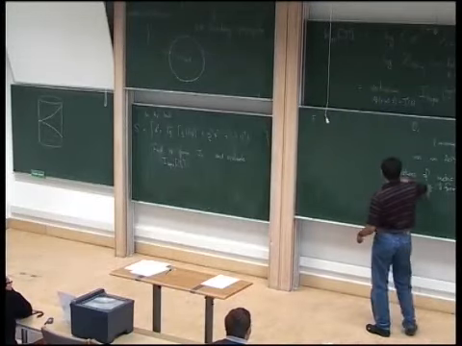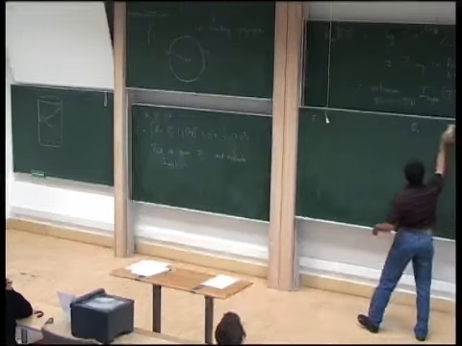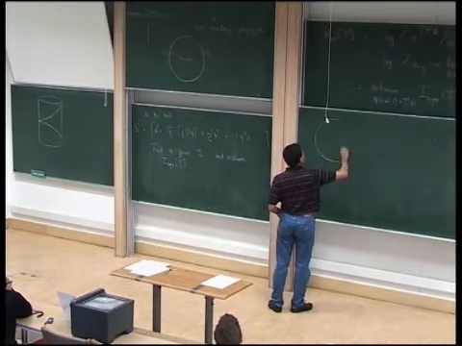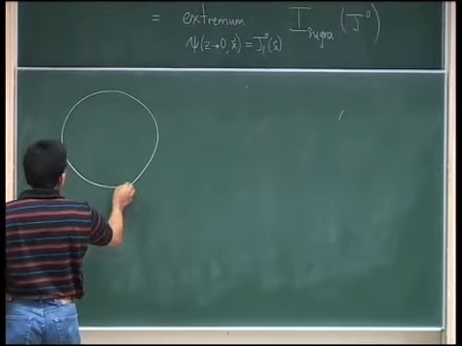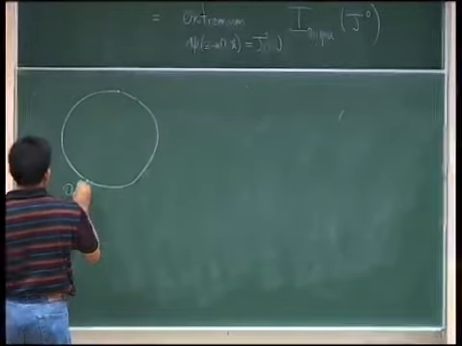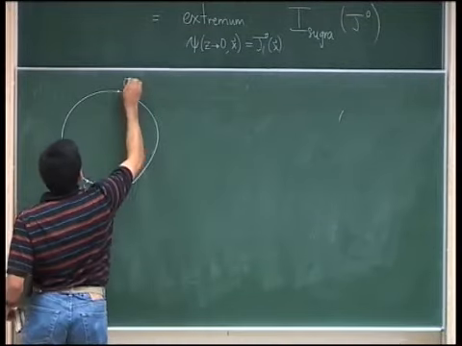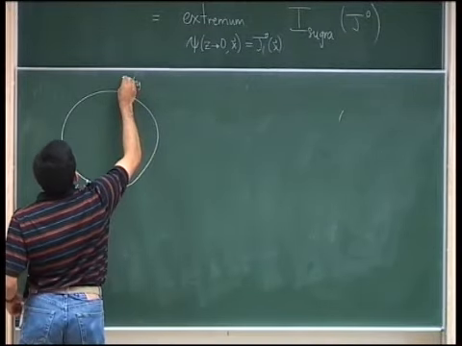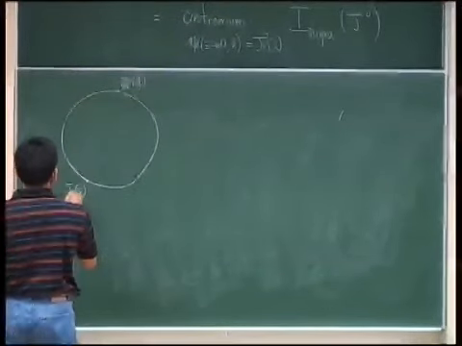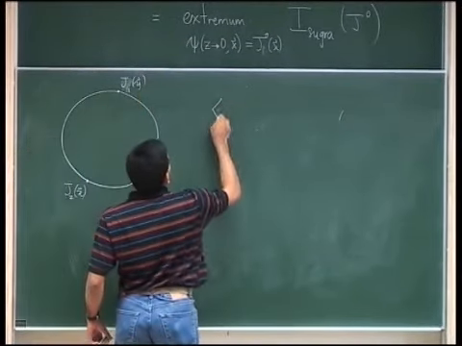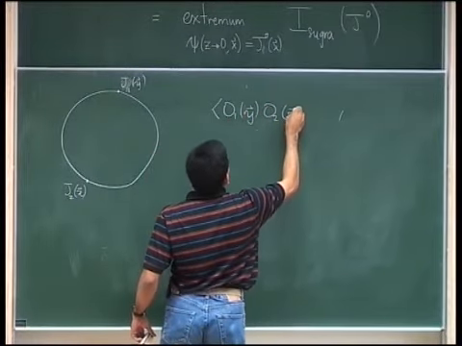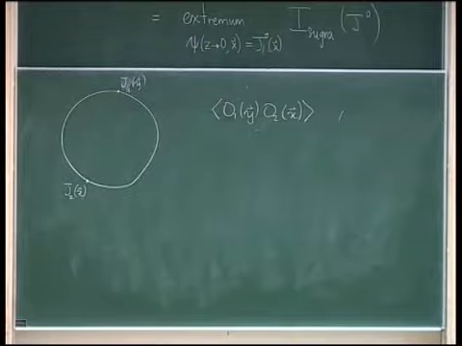Suppose I want a 2-point function on the boundary. I want to calculate this guy.